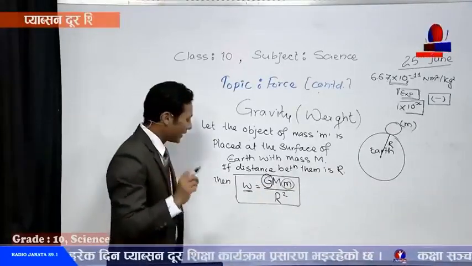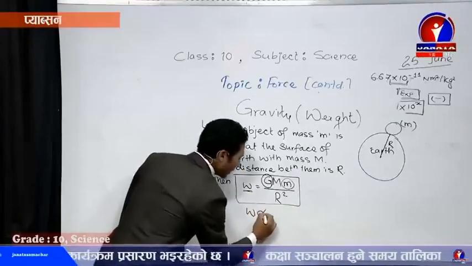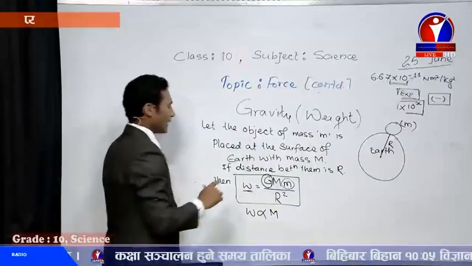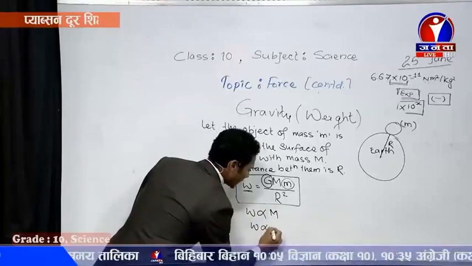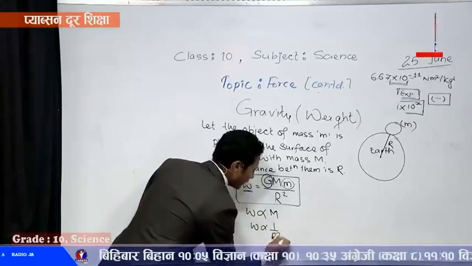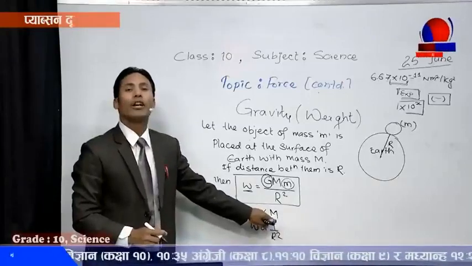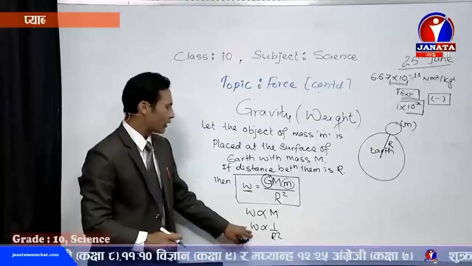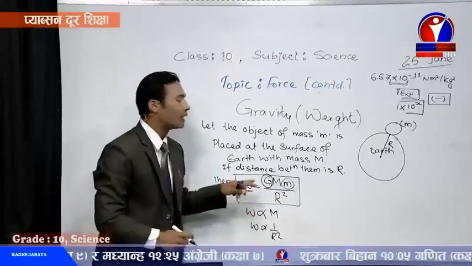Then this weight is proportional to the mass of the heavenly body, and inversely proportional to the square of the radius. So weight is directly proportional to the mass of the heavenly body, and similarly, the weight or the gravity is inversely proportional to the square of the radius.